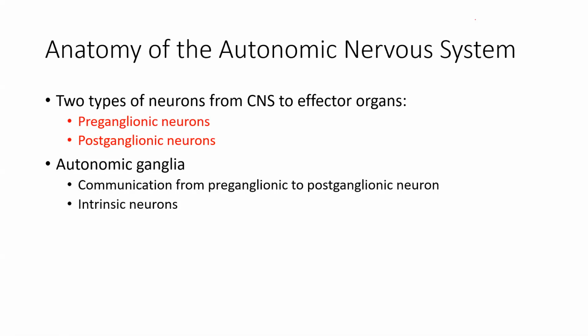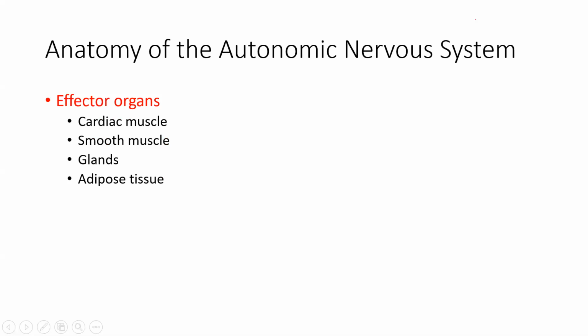We had a preganglionic neuron and a postganglionic neuron that are going towards those effector organs, and we talked about the autonomic ganglia, which is where those two neurons communicate, okay? We won't touch on intrinsic neurons. These are specifically in the gastrointestinal system, but these are another form of communication between our preganglionic and postganglionic neuron as well.